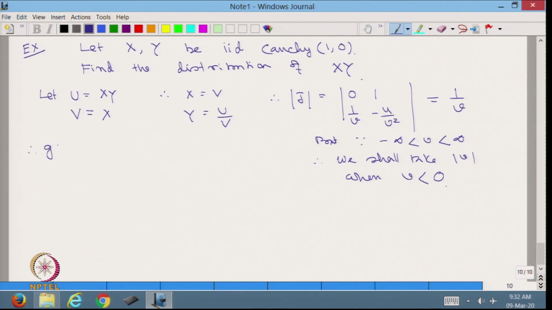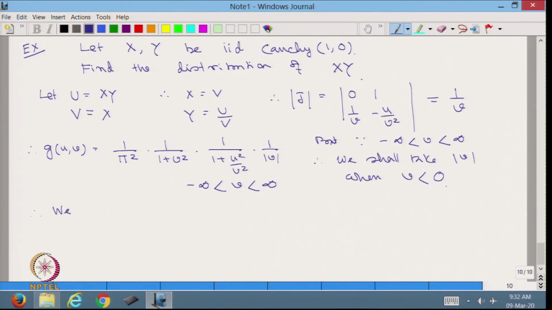Therefore, g u v is equal to 1 upon pi square into 1 upon 1 plus v square into 1 upon 1 plus u square by v square into 1 upon modulus of v, when minus infinity is less than v less than infinity.